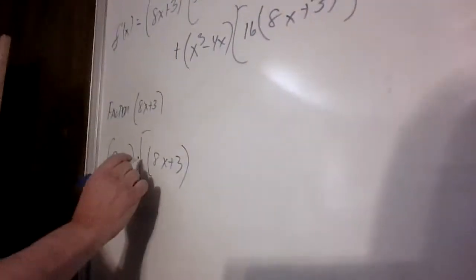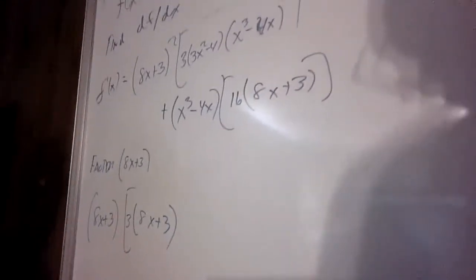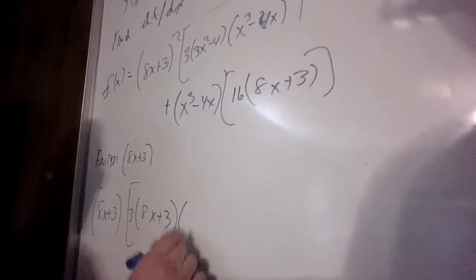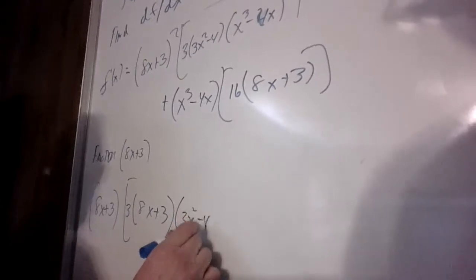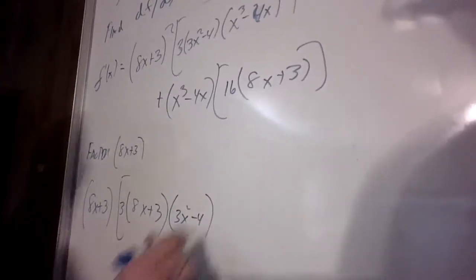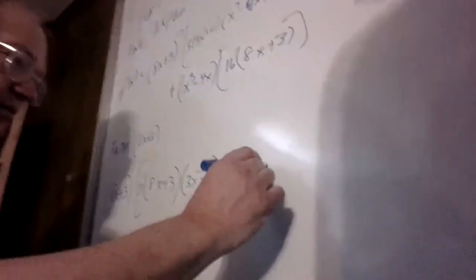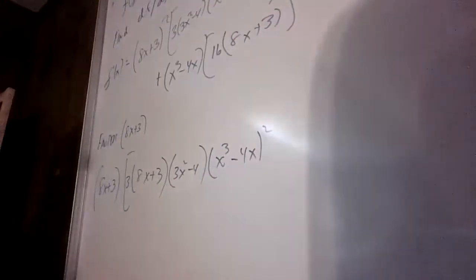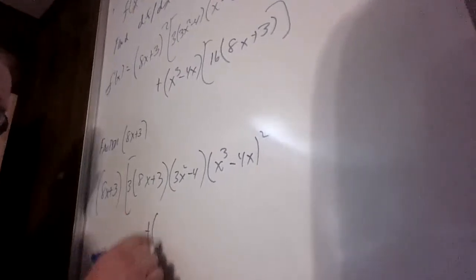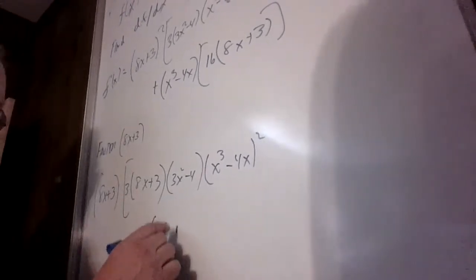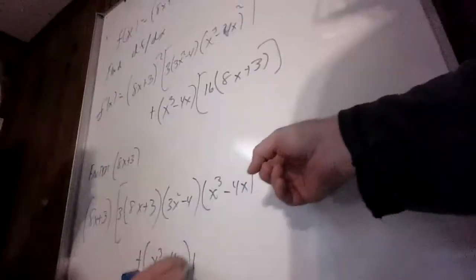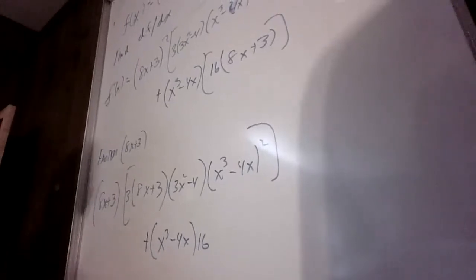Okay, bring the 3 here. This 3 goes out here. 3x squared minus 4, x^3 minus 4x, squared. Now plus x^3 minus 4x times 16. And the 8x plus 3 is out here. That's it.